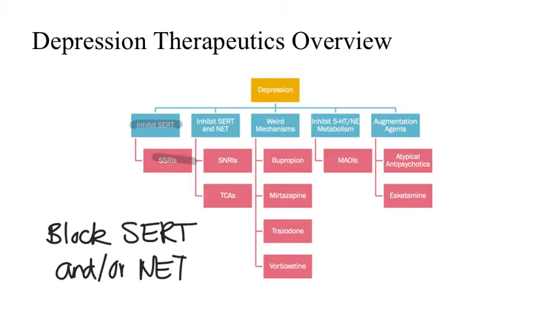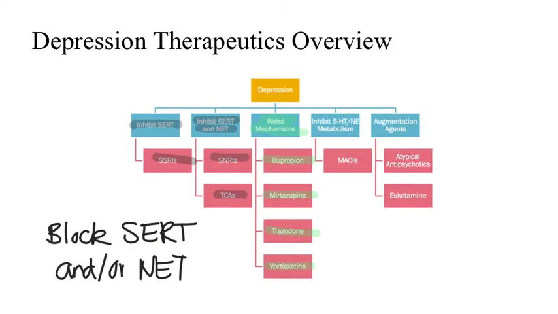Drugs that inhibit both serotonin and norepinephrine reuptake are the serotonin norepinephrine reuptake inhibitors, or SNRIs, and the tricyclic antidepressants, or TCAs. There's a set of drugs that have what I'm calling a weird mechanism, which is some combination of effects on transporters and receptors. These include agents like bupropion, mirtazapine, trazodone, and vortioxetine, among others.